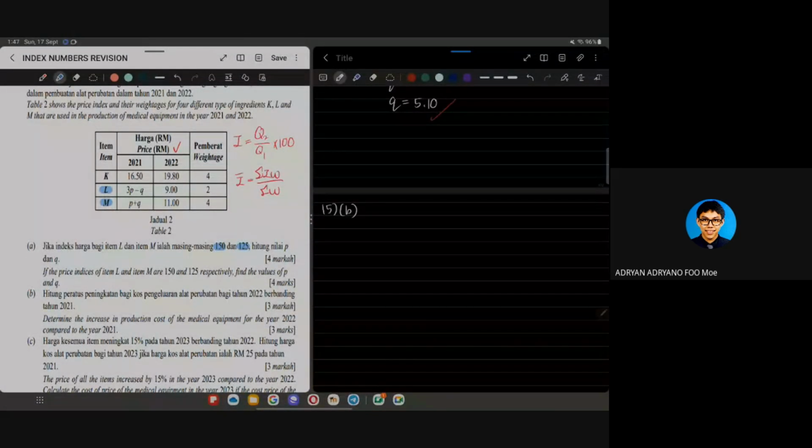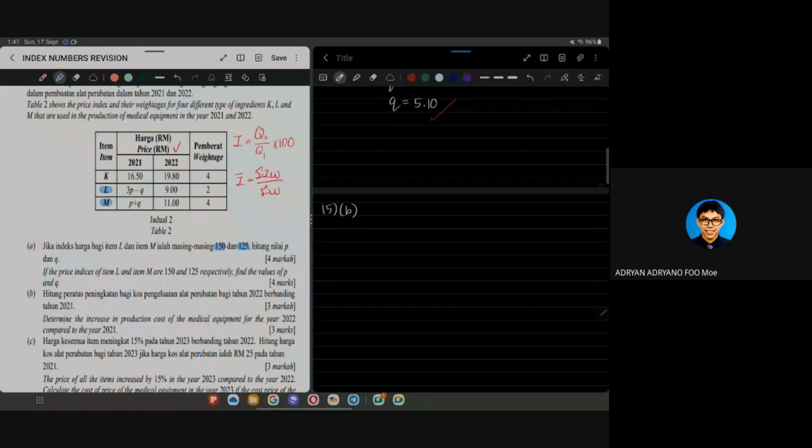Alright, so for 15B, you must first distinguish what is composite index. The word composite means to combine everything. It means that if I want to find the price increase or decrease of a product, I must find the index of all its materials combined, which is the so-called composite index. The word composite means to combine. Okay, so B. Determine the increase in production cost of the medical equipment for 2022 to 2021.